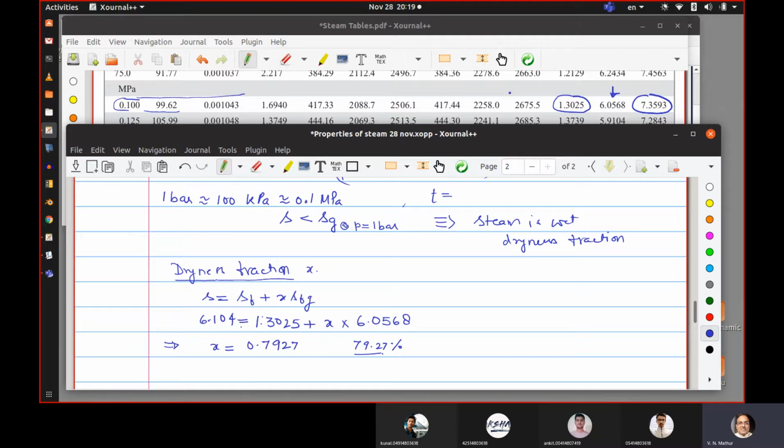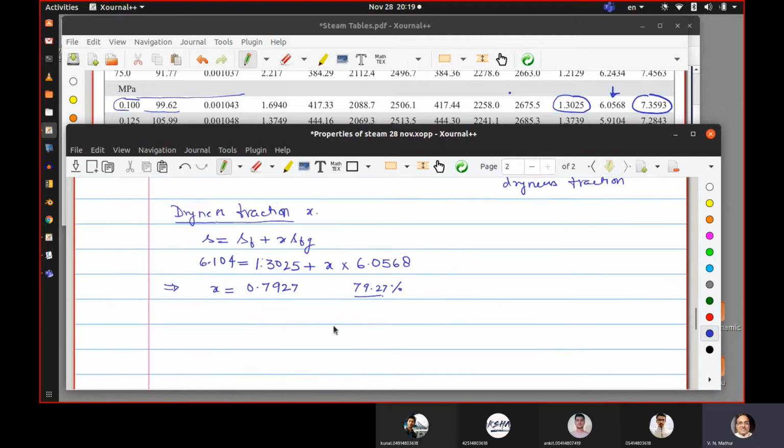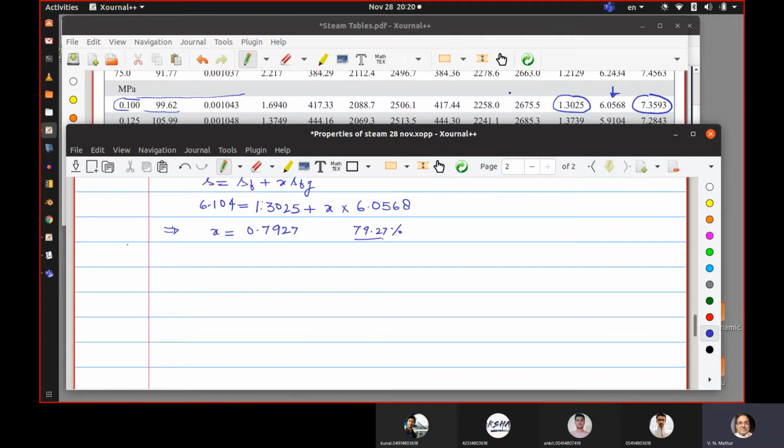Then you should calculate the value of enthalpy and volume. For volume, I am directly using the shortcut formula X into Vg. So 0.7927 multiplied by Vg, which is 1.6940.